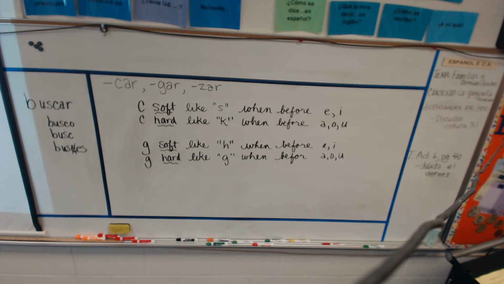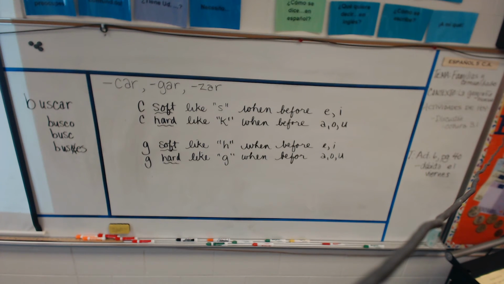What do you think it is, Trent? It's whatever hacer is. What's the yo form of hacer in the present tense? Hago. H-A-G-O. So this is Paco, no hagas ejercicio ahora. Paco, no hagas ejercicio ahora.